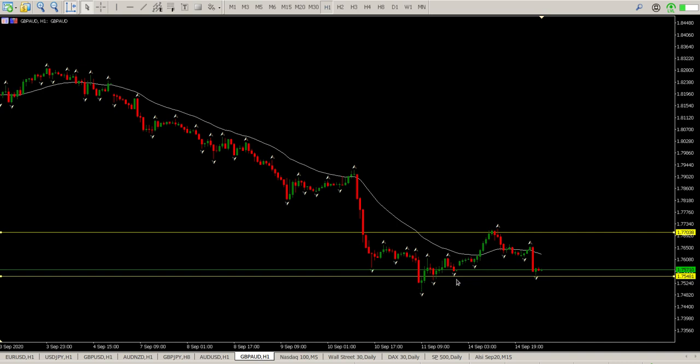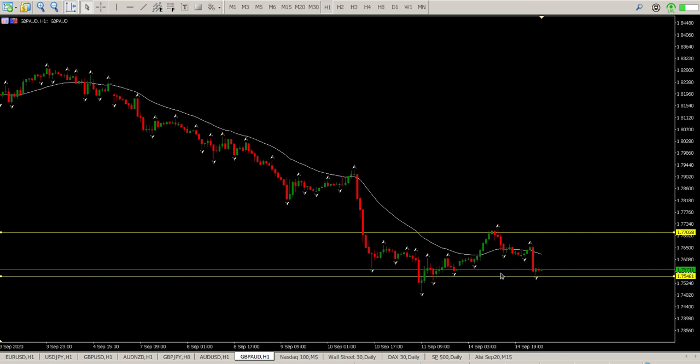So there is my range at the moment. I'm still favoring the shorts. This is a downward trend, so I'm definitely favoring the shorts, but you can see what normally happens. You have a controlled descent, then you have a massive acceleration, and then it becomes volatile. And then it's all over the place. So that's what's happening at the moment.